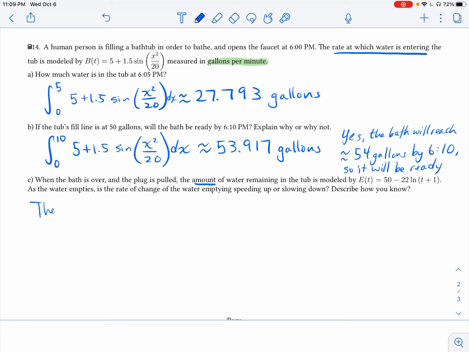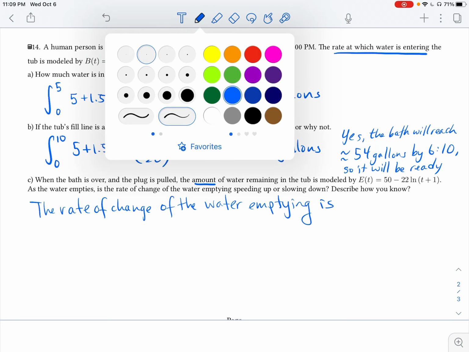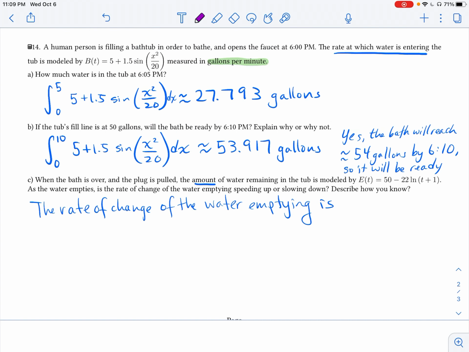So we can say the following. The rate of change of the water emptying is, and pause the video right now if you need to and think about this. What would it be?